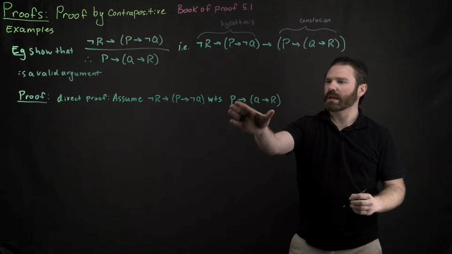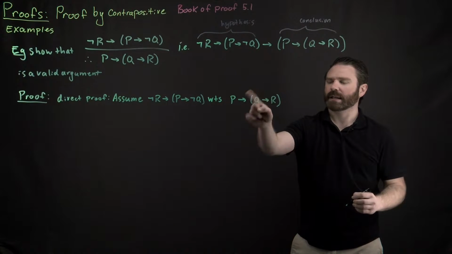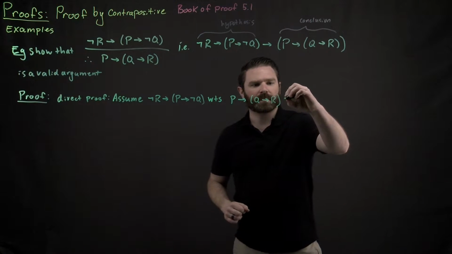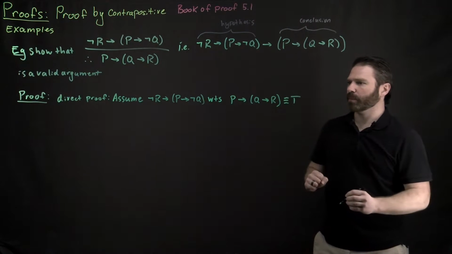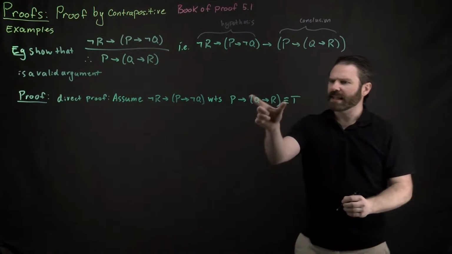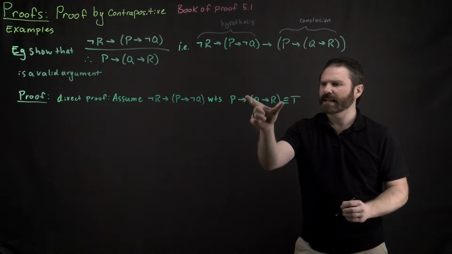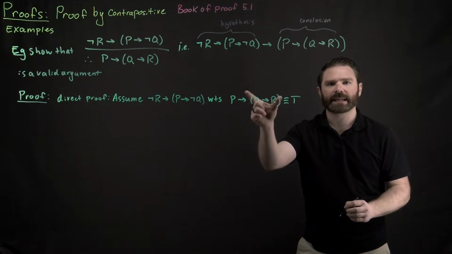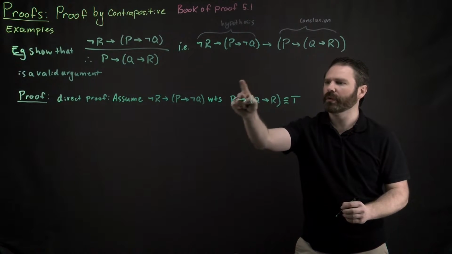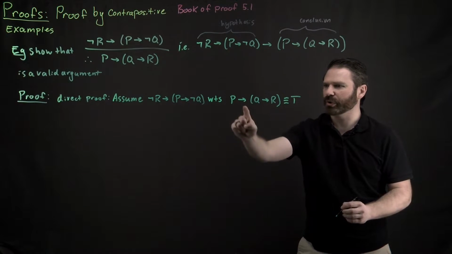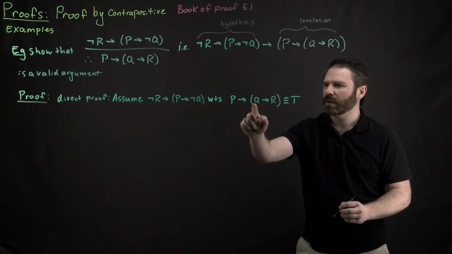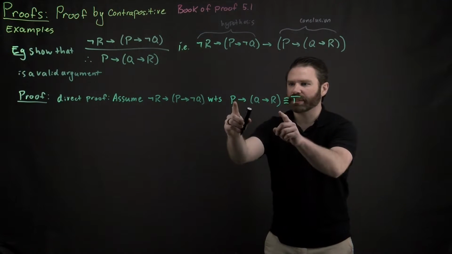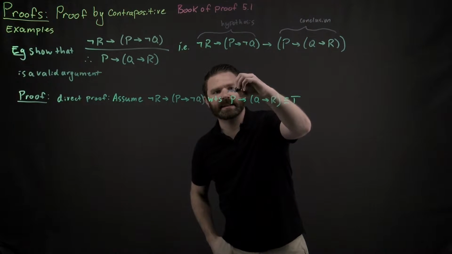I want to show that P implies Q implies R is true. Well, this expression here is another implication. That means I'm going to have to apply another proof technique here to be able to prove this expression is true.